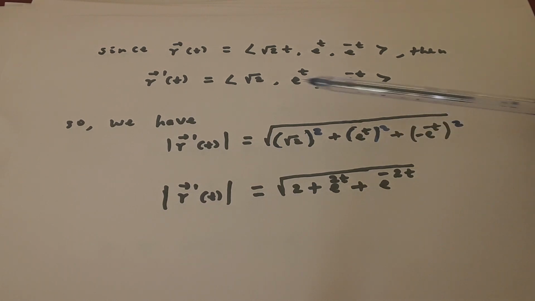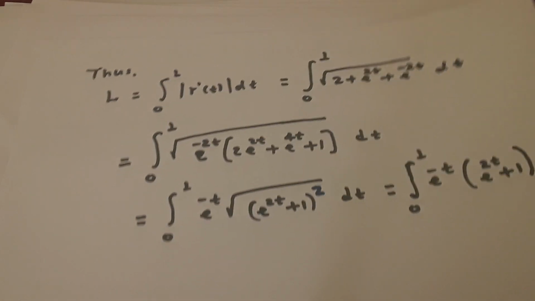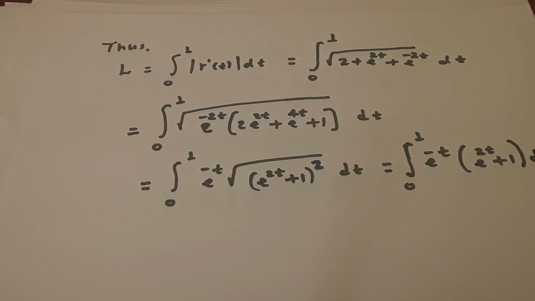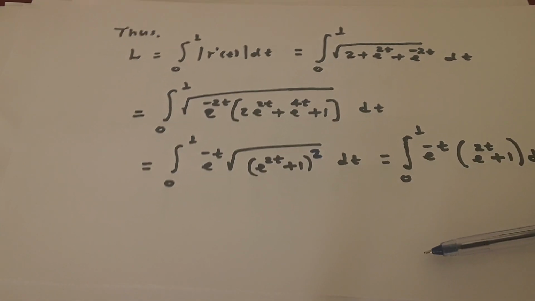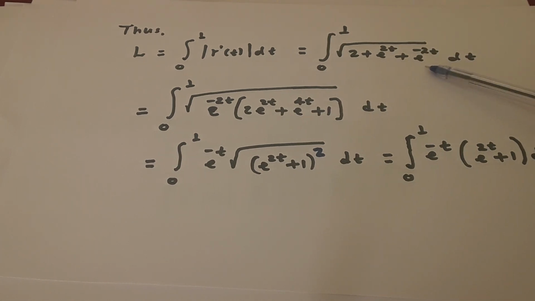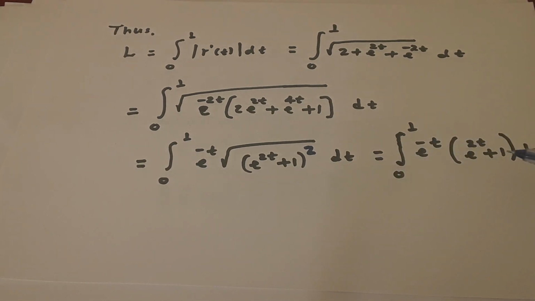Its magnitude is this square plus this square plus this square under the square root. That's why we got 2 plus e raised to t plus e raised minus 2t. This integral is from 0 to 1, since t lies in between 0 and 1, where our r prime of t is here. Okay, we have already obtained from the definition what the magnitude looks like.